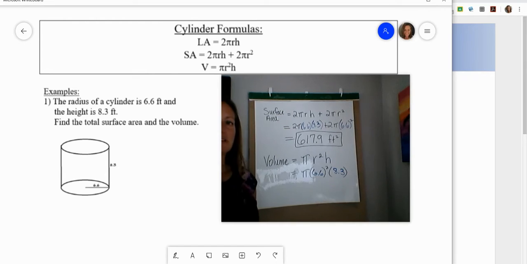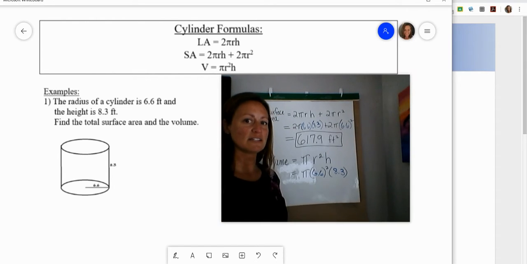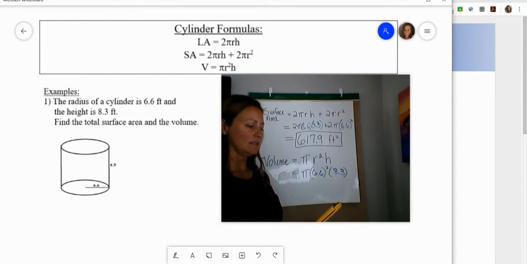And this will give us the amount of space contained inside the cylinder, how much soup it could hold if it were a soup can. But this is feet, so this is much more like a small silo or something like that. Okay, I'm going to type it in as 8.3 times 6.6 squared times pi. I'm going to do it in that order.